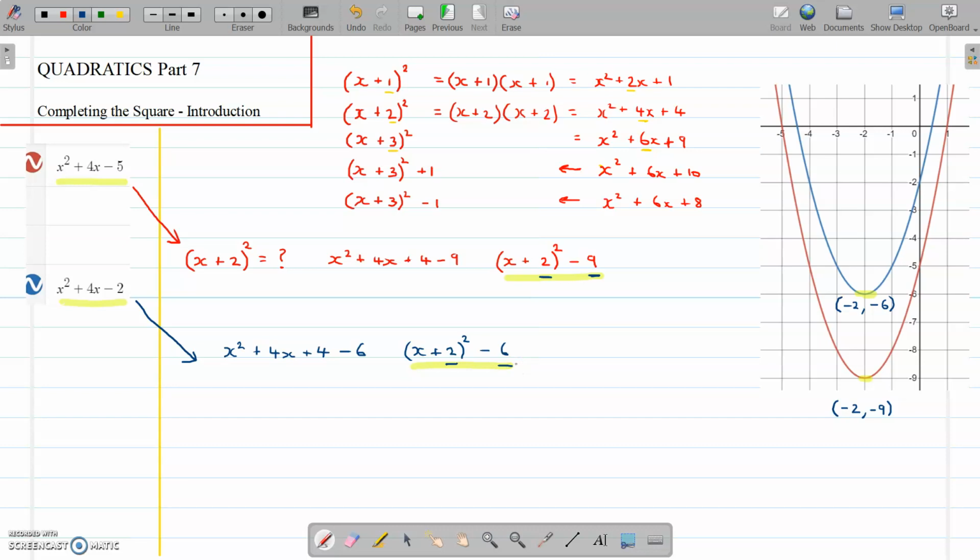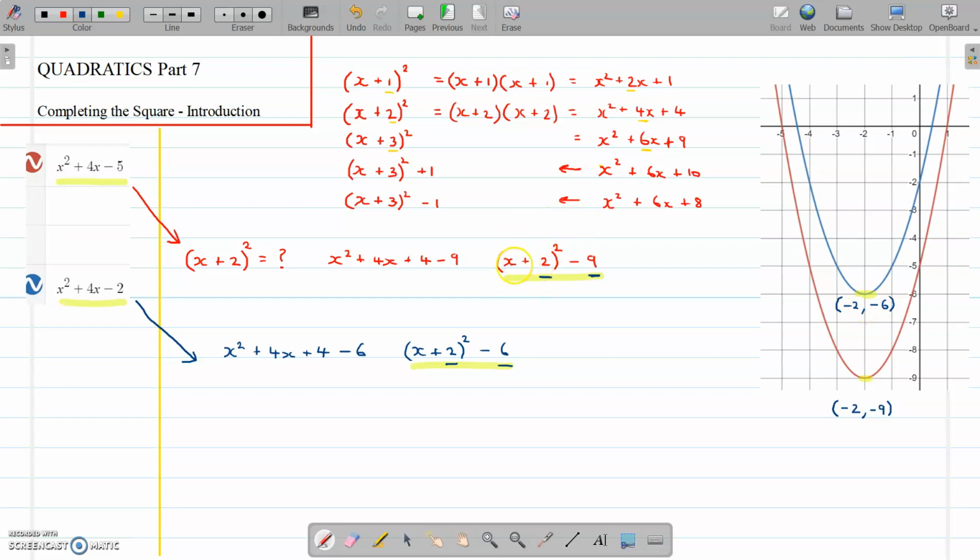But very specifically, what is the same and what is different? Well, the minimum point is for certain the residue, the bit that's left over in the completed square. So if that's -9, then the curve has a minimum point with a y coordinate of -9. If that's -6, the curve has a minimum point of -6 on the y coordinate, right?